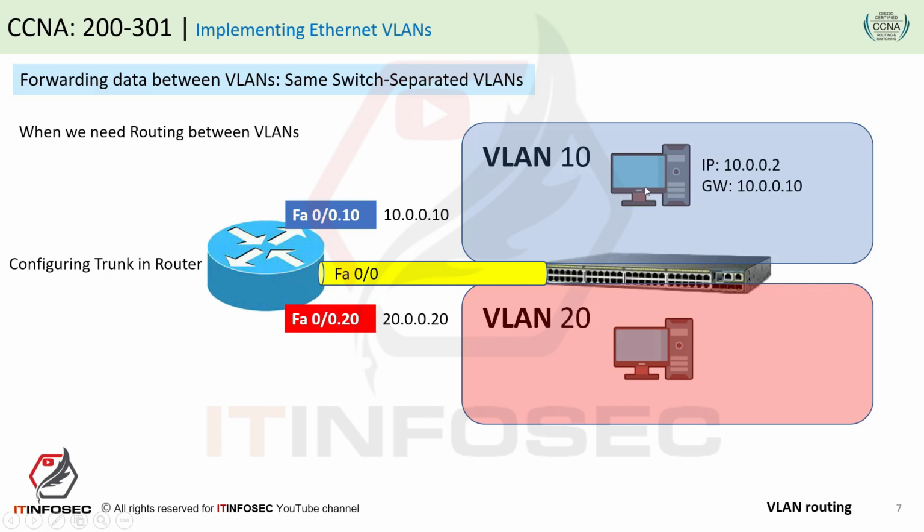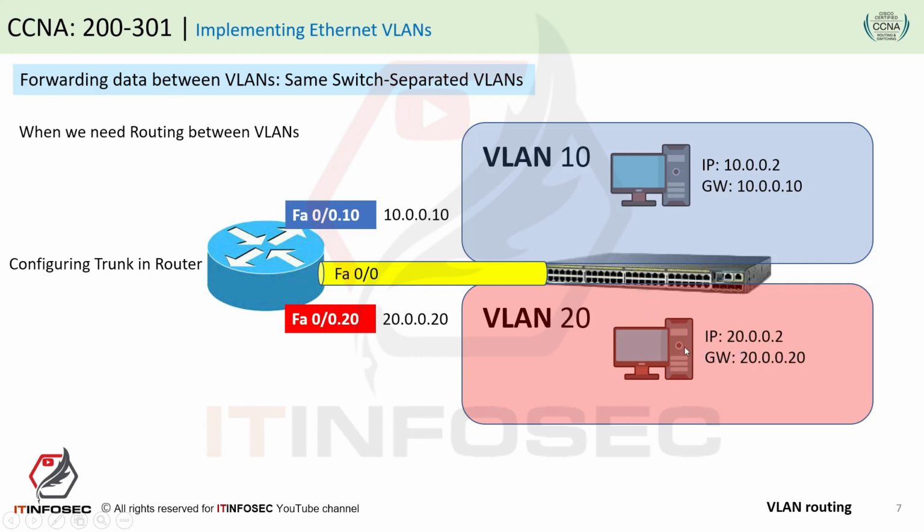So on my VLAN number 10, my computer IP address, for example, will be 10.0.0.2, and my gateway IP address is the router's IP address in the same range as my IP address. My IP address is 10.0.0.2, the router's same-range IP address is 10.0.0.10, so it will be my default gateway on my computer.